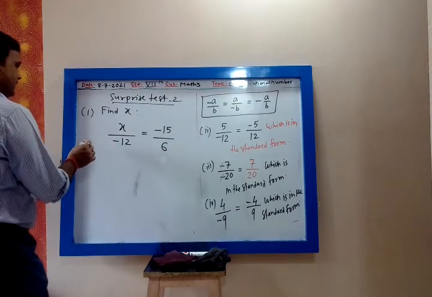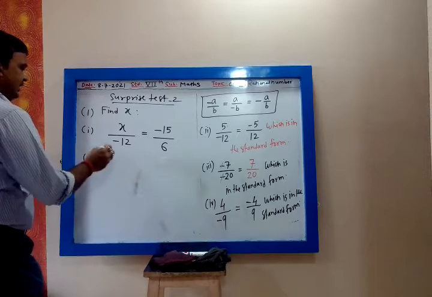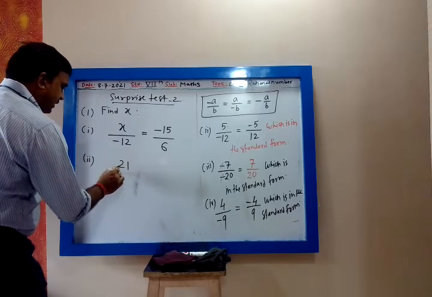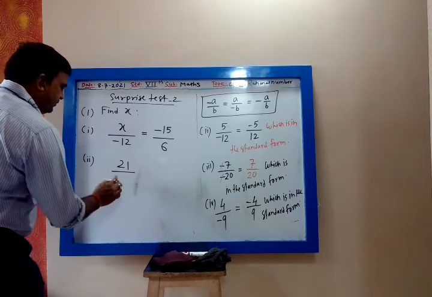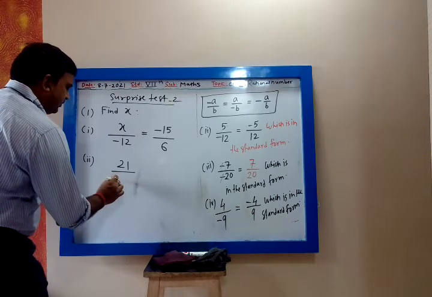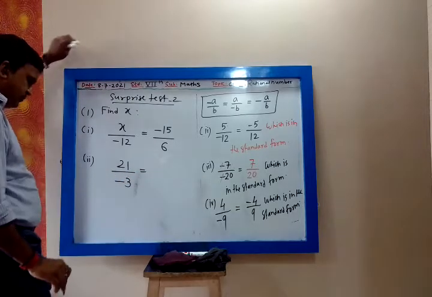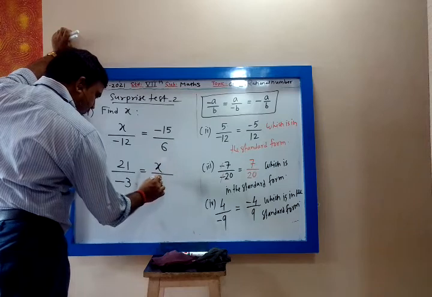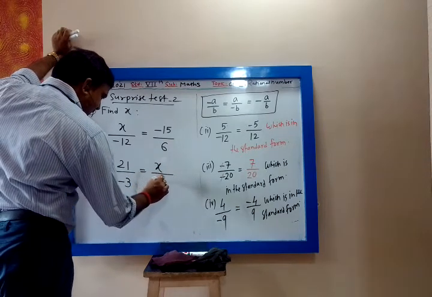Solve this, find x. This is the first part. Second part, find x. 21 upon minus 3 is equal to x upon minus 5.